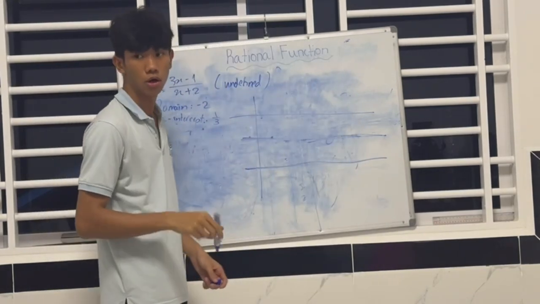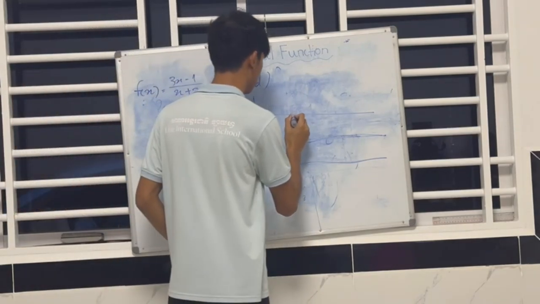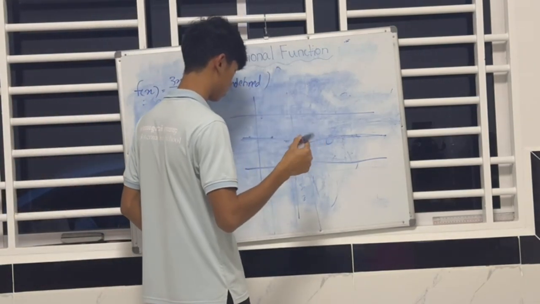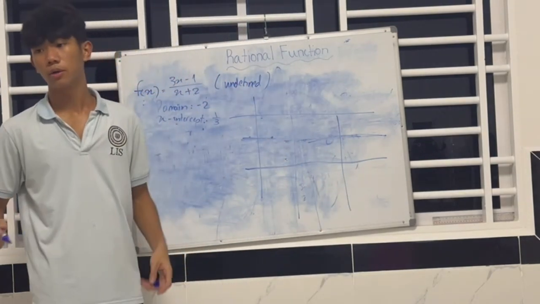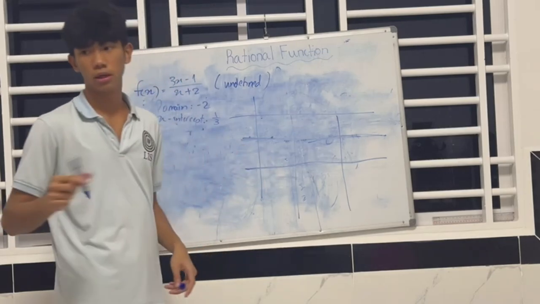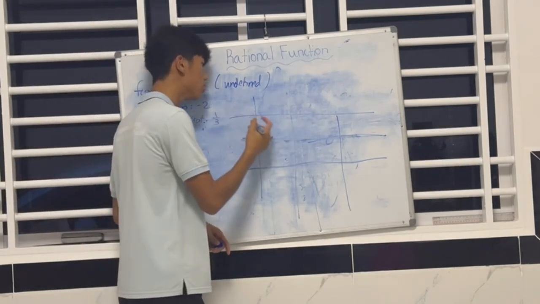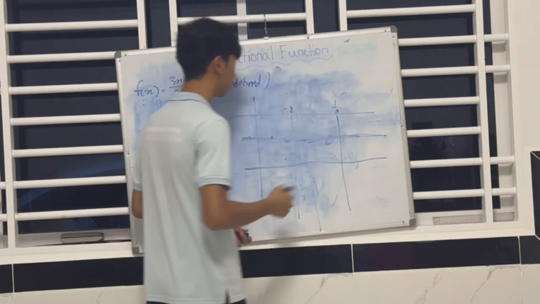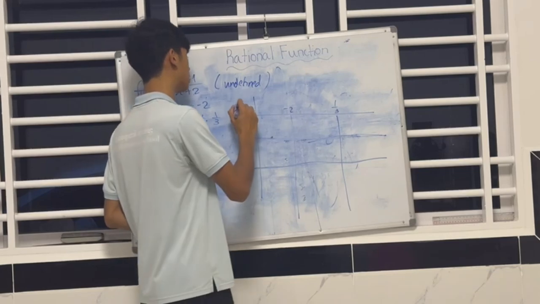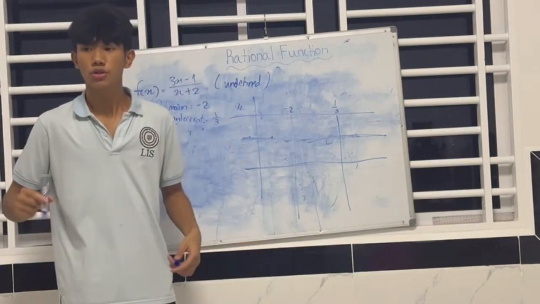Let's just draw this. We're going to label it from the smallest to the biggest. The smallest, of course, is negative 2, and the biggest is 1 over 3. We're going to write x over here, because we're determining what sign it is.